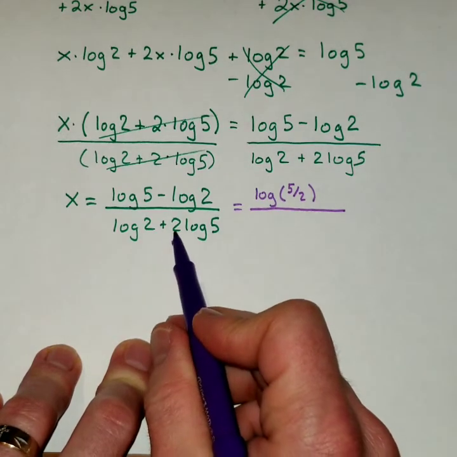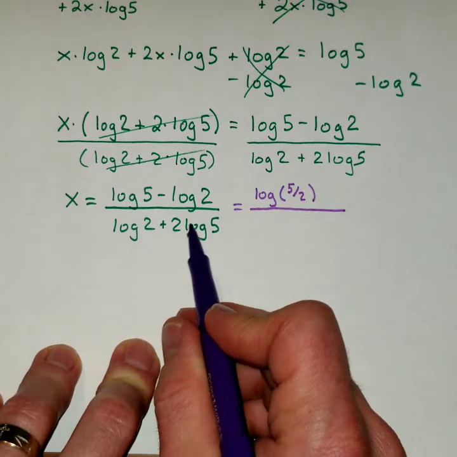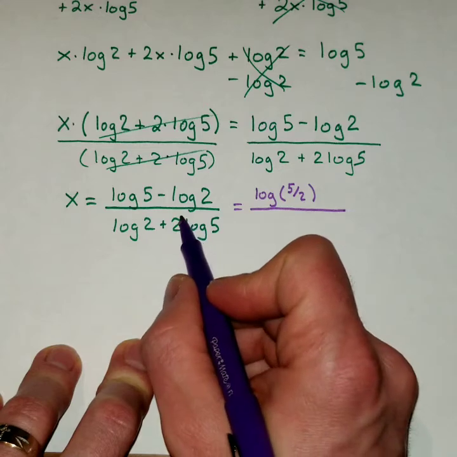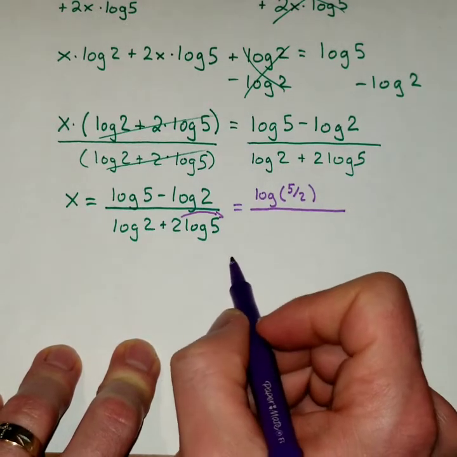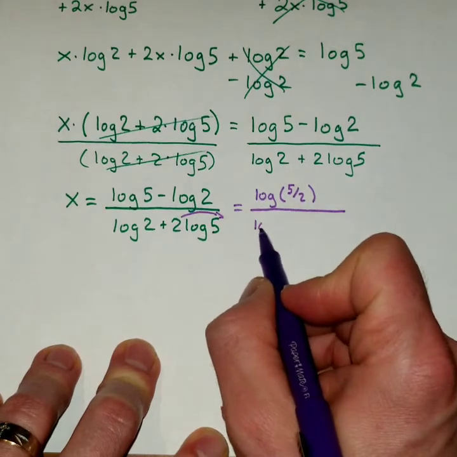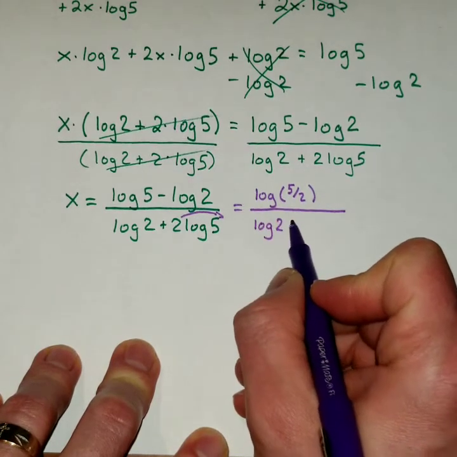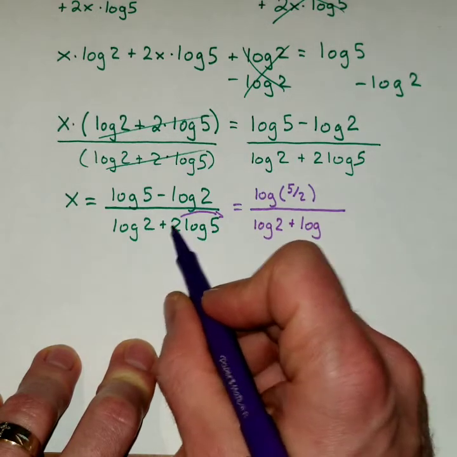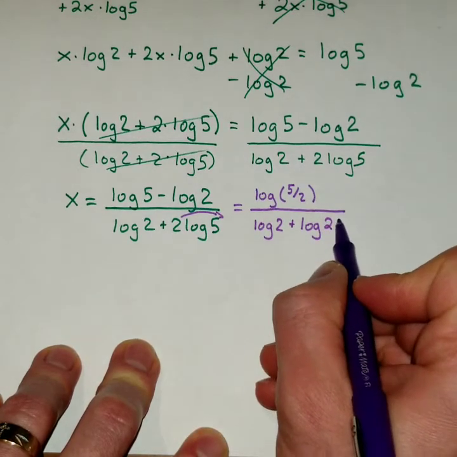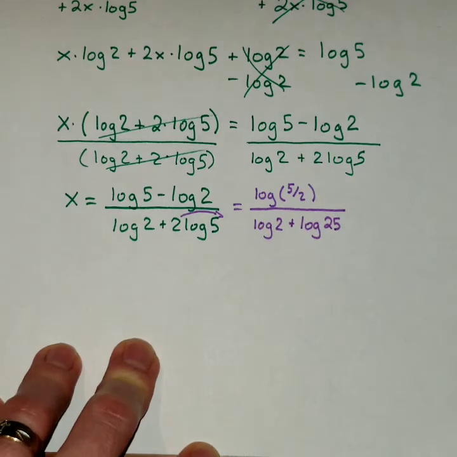Notice on the bottom, this 2 coefficient will become an exponent inside the argument, so I'd have log of 2 plus log of 5 squared, which is 25.